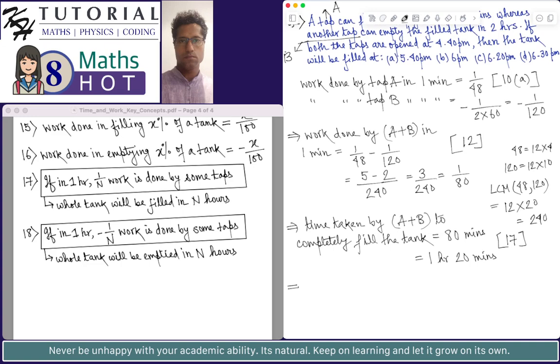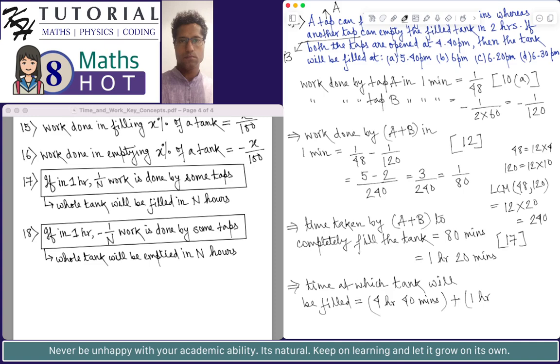Okay, so this implies the time at which the tank will be filled should be equal to 4 hours 40 minutes, since the time at which the taps were opened was 4:40, and then plus 1 hour 20 minutes.